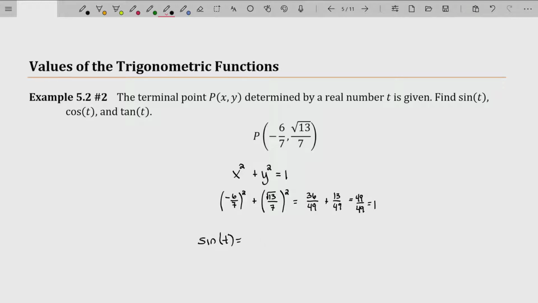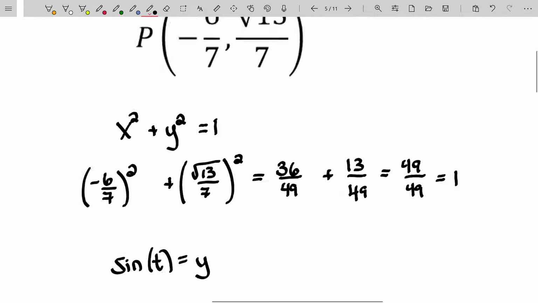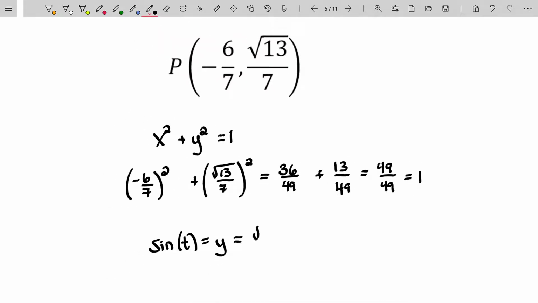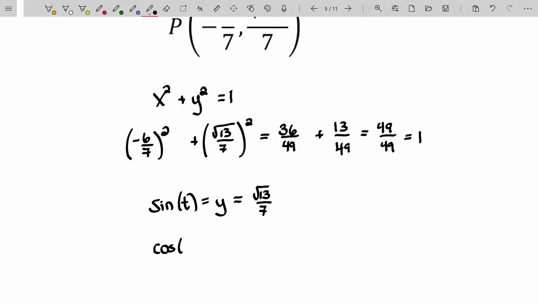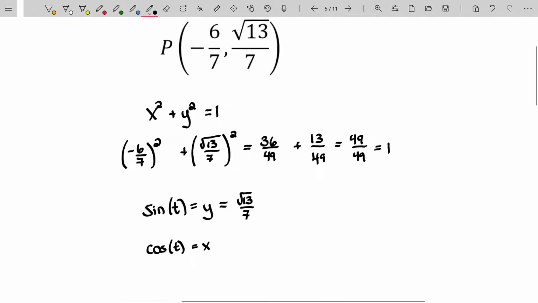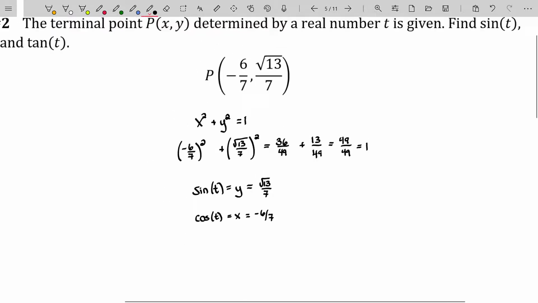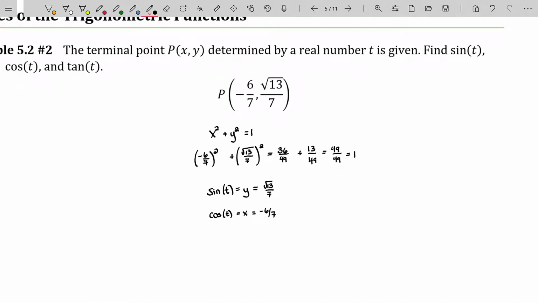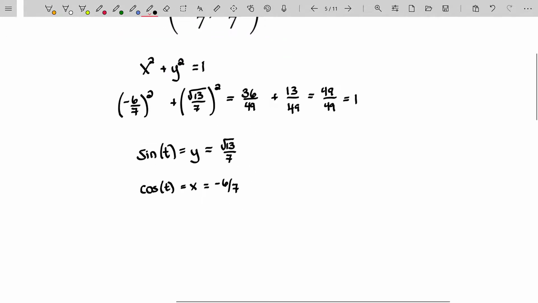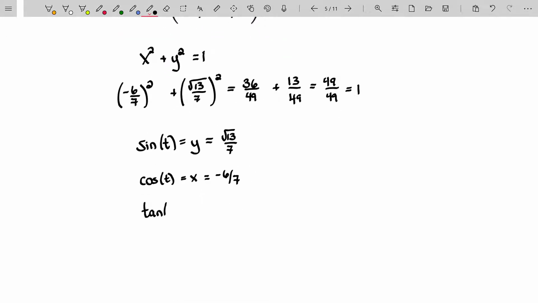So sine of t is the y value. The y value here is root 13 over 7. Likewise, the cosine of t is defined to be the x value of the point, and the x value is negative 6 over 7. And finally, we're asked to find the tangent as well. The tangent of this number t is going to be the y value over the x value.